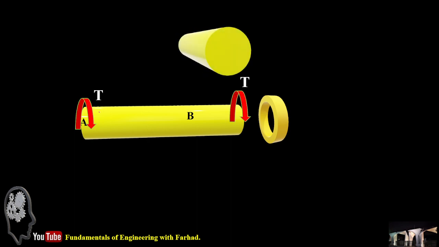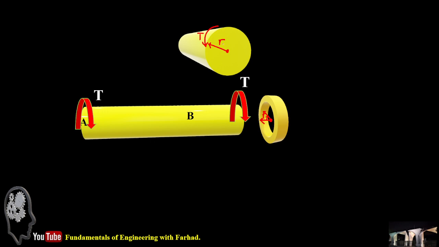If a torsional torque is applied at the free end of the solid circular shaft, it just transfers to the other end and goes to the annular plate, because these two parts are fixed inside each other.